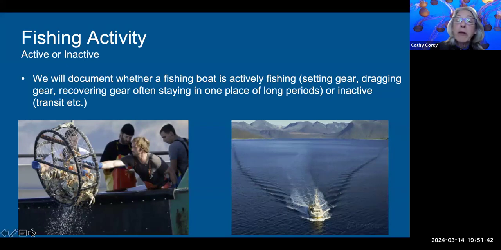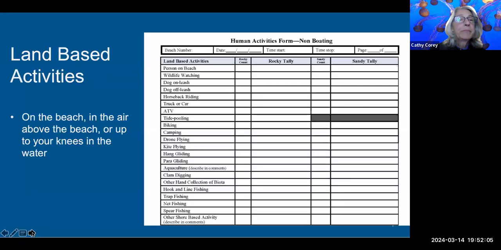If they've pulled up their gear and they're heading home, or they haven't started fishing yet and they're just entering your survey zone. So if you can, watch the boat for a few minutes with your binoculars to get an idea of where they're at in their fishing activity. Have they started? Are they actively fishing, or are they inactive? Next slide.